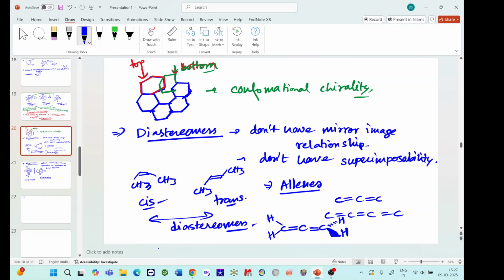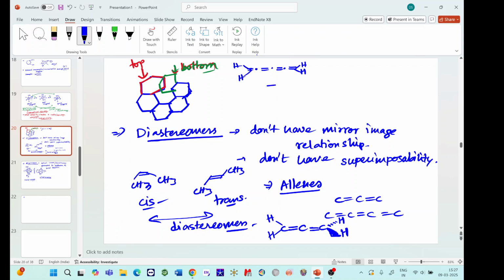If you have even cases, so just a second, I'll wipe this up. I'll write it here. For even cases, this is 1, 2, 3, and 4. In that case, it will be in the same plane.